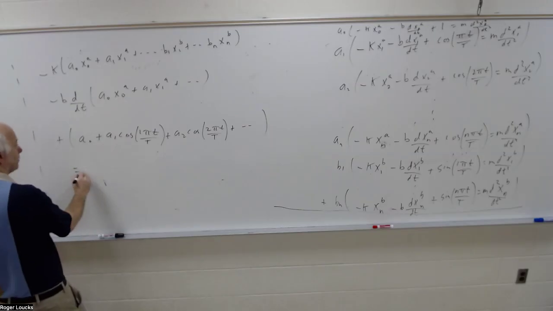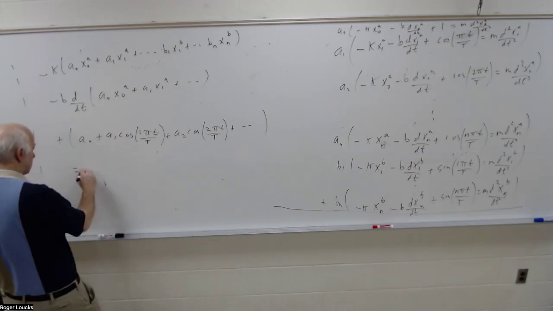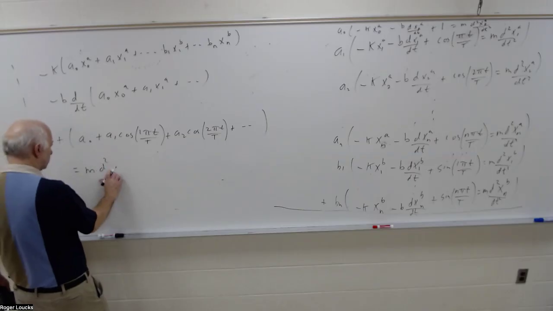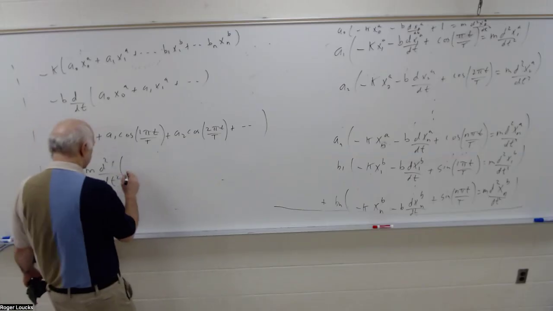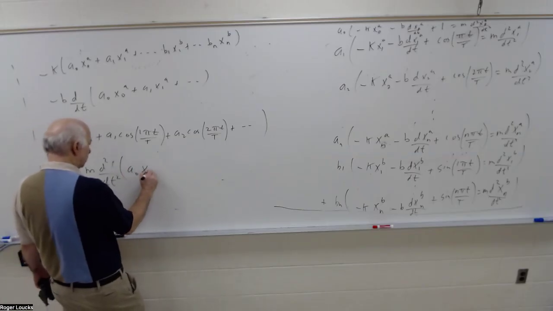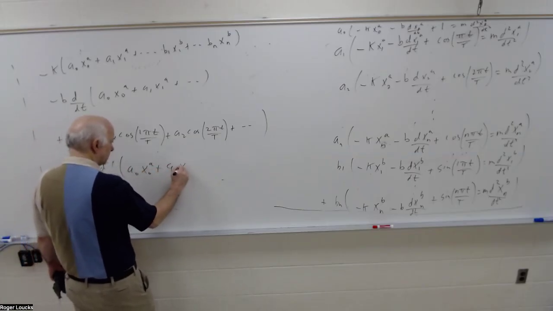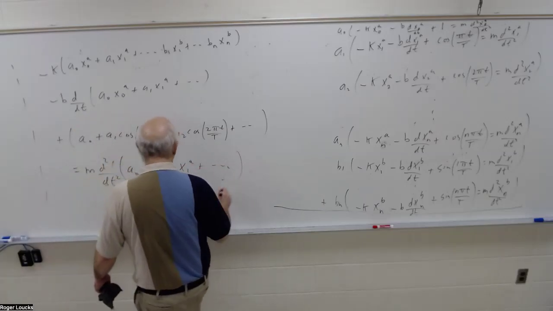And then this whole thing would have to equal what? It'd have to equal m. I can then pull out my second derivative here, and this would be a0 x0a, this a1 x1a, and all those other terms here like that.